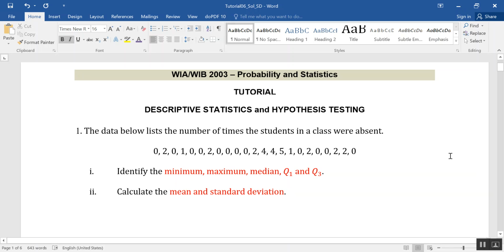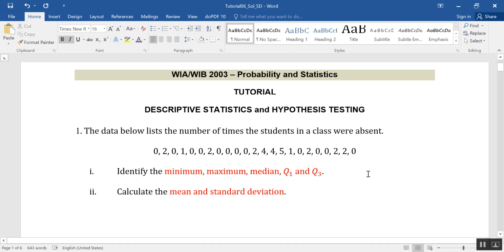So the first question: the data below lists the number of times the students in a class were absent. What you have to do is identify the minimum, maximum, median, quartile 1 and quartile 3. And the second question says to calculate the mean and standard deviation. You just apply the equations shared in your lecture slides.